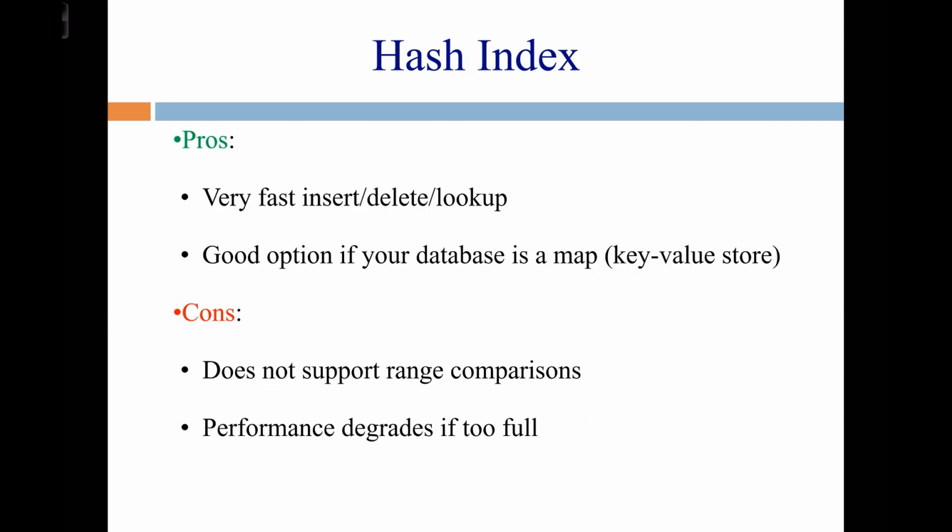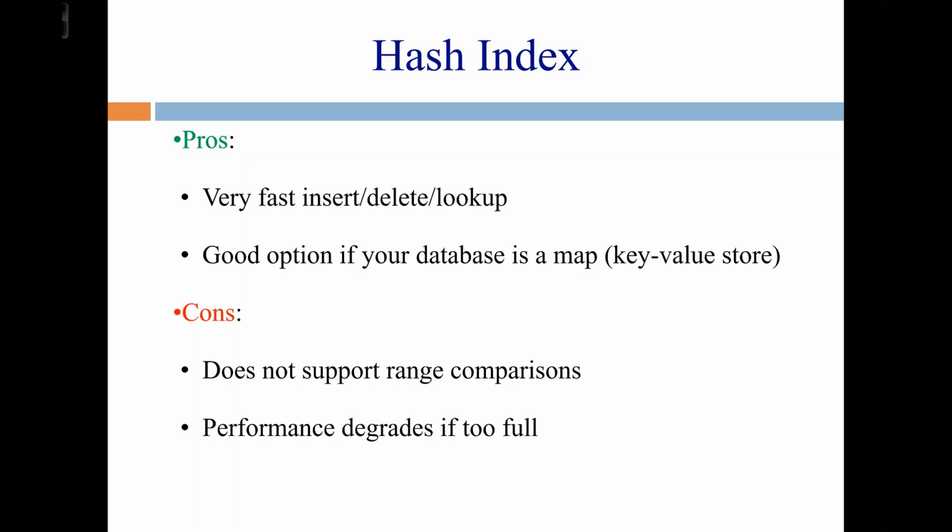So the pros and cons of using a hash index. Pros are constant time insertion, deletion, and lookup rather than logarithmic time. So it's a good option if your database is basically just a map or you're storing key value pairs. The downsides, though, are it does not support range comparisons.